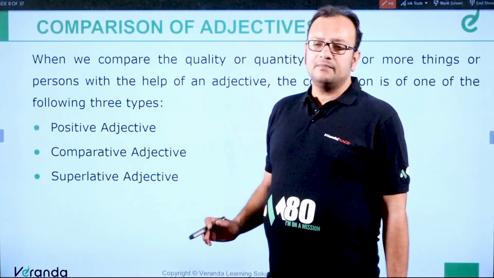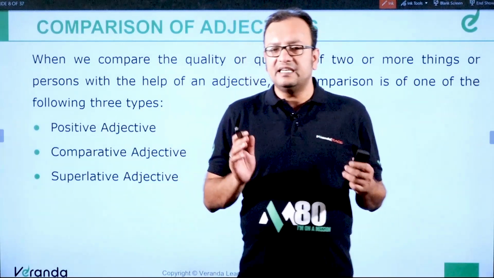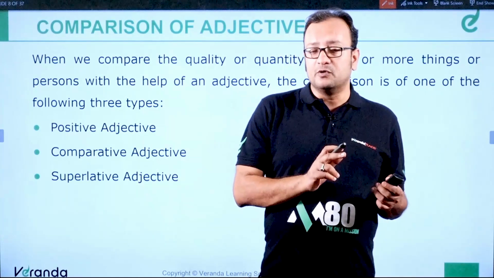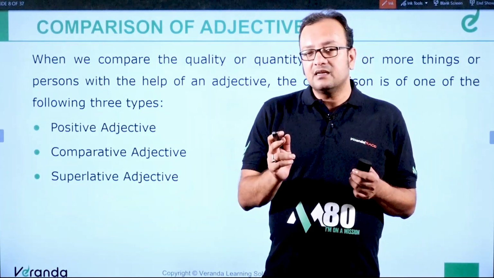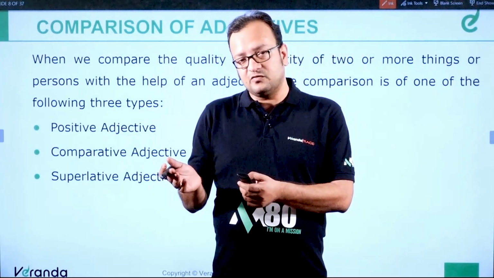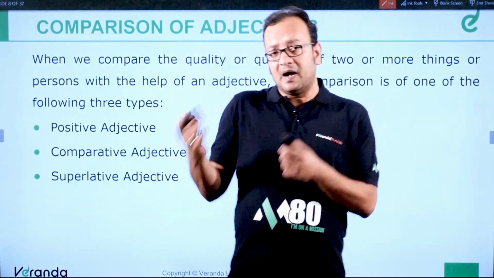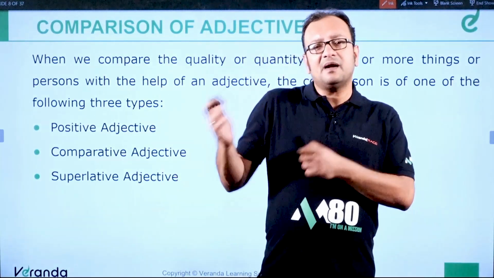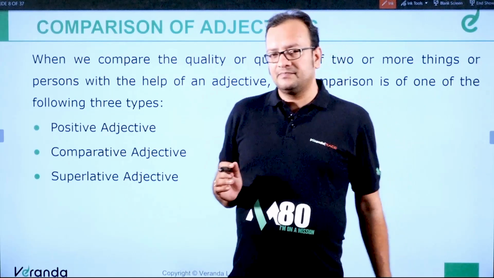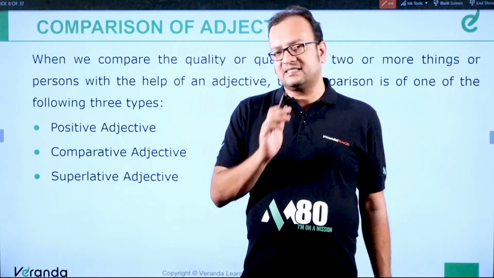Comparison of adjectives. If we say there's a word that describes a person, obviously a person having a certain attribute may be lesser than a person having the same attribute. For example, somebody is smart, somebody can be smarter than him, somebody can be the smartest of all. Getting my point, right? When I say lesser, don't confuse it with less.